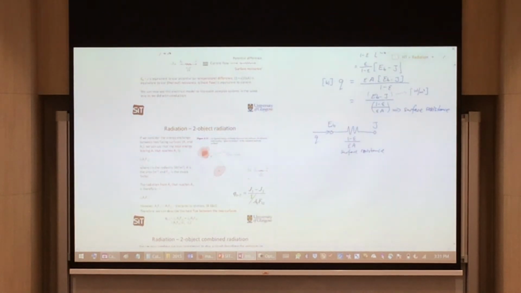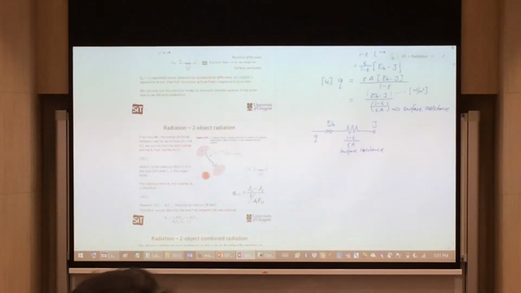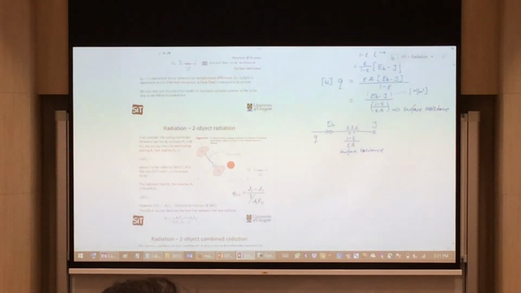If you have two objects, and out of these two objects, they are radiating heat from one object to another object. So say, for example, this A1 object is radiating heat to A2 object. So if that happens, we call that heat transfer Q1-2. So it means it's radiating heat from the surface 1 to the surface 2.